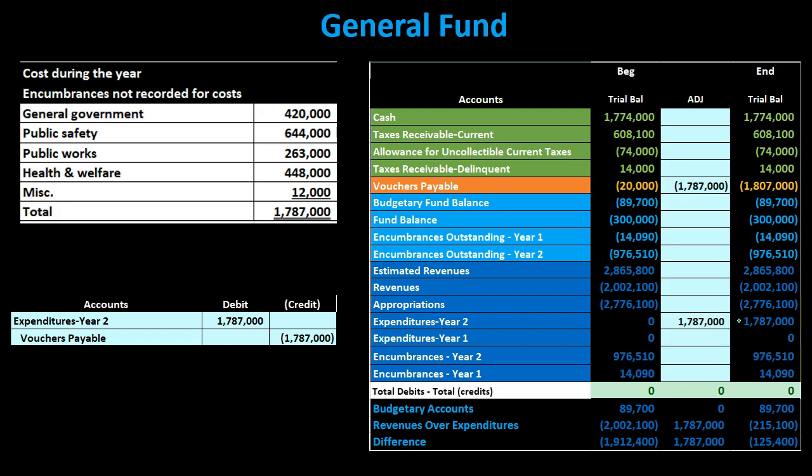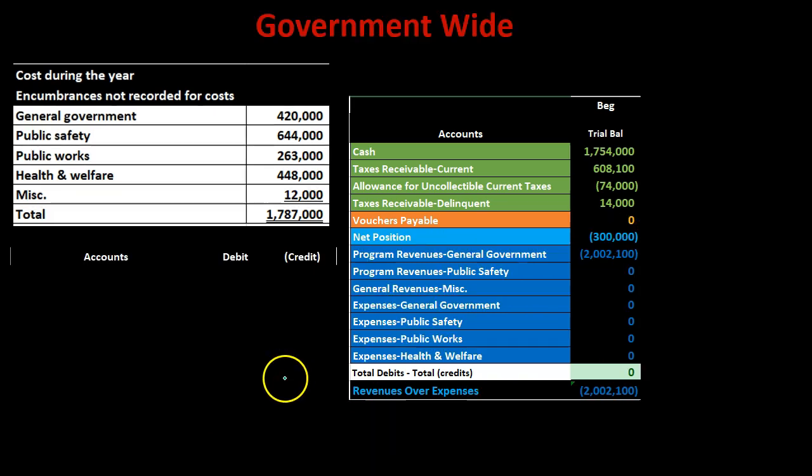So just note that as we consider what would be the equivalent of net income down here, we've got to deal with the fact the budgetary accounts are down there as well as the encumbrances. And then the other side is going to increase the liability of the vouchers payable. We've got a credit. We're going to increase it in the credit direction.